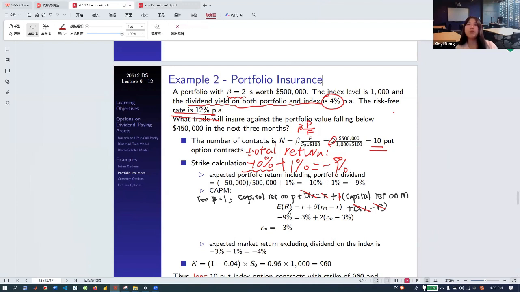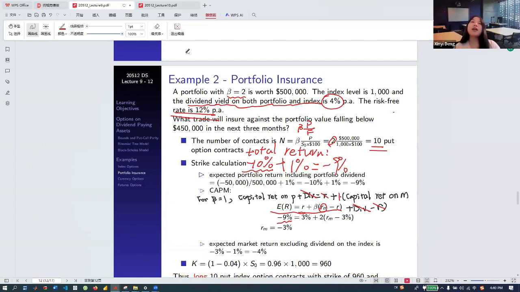Recall that for the CAPM model, the total return of the equity portfolio is equal to the risk-free rate R plus beta times the bracket of RM, which is the total return of the index, minus R. That's the CAPM computation here. Since we know that the total return from the equity portfolio is minus 9%, on the left-hand side of the equation we have minus 9%.